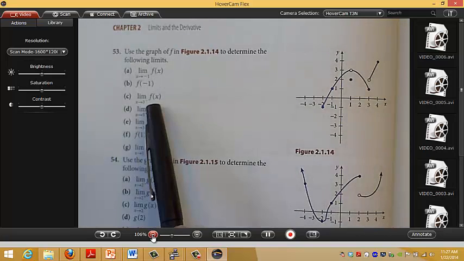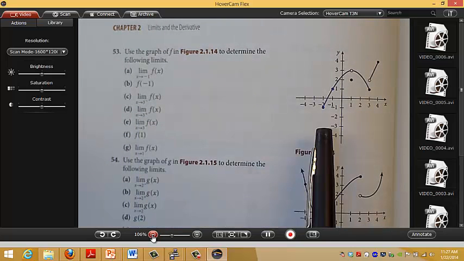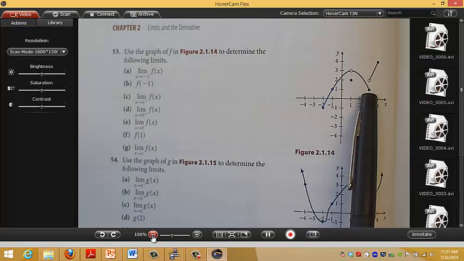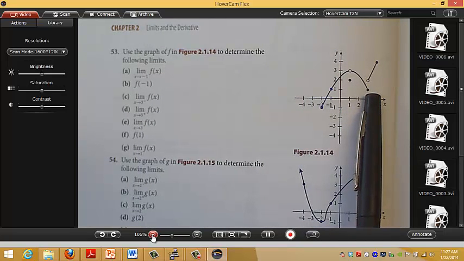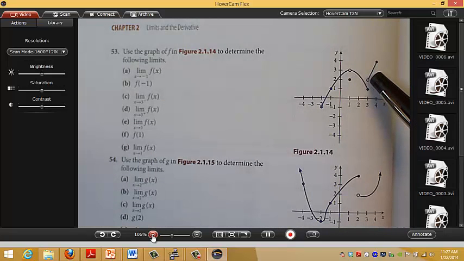Are those the same? No. If I approach from the negative side, part C, I'd say the answer is 1. We're approaching the value 1. But part D, as I approach from the positive side, I'm approaching that hole, which is 2. So part E, I'd say it doesn't exist. Guys follow that?